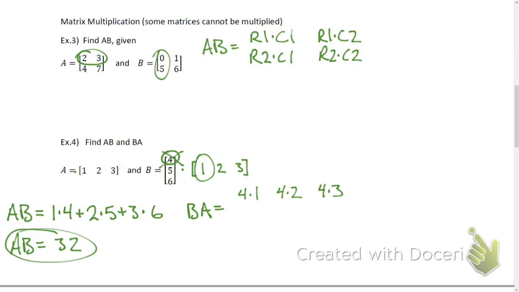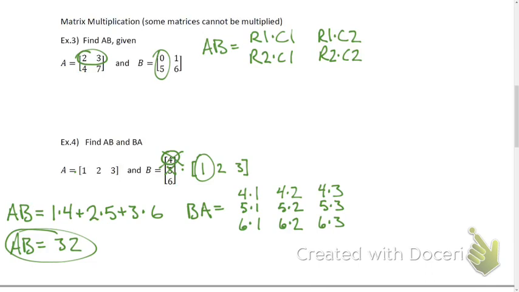And the 5 has to move through all 3 columns of matrix A. So 5 times 1, 5 times 2, 5 times 3. We're done with the 5. Now row 6 has to move through all 3 columns. 6 times 1, 6 times 2, 6 times 3.